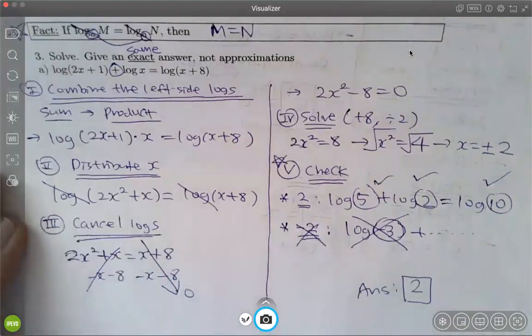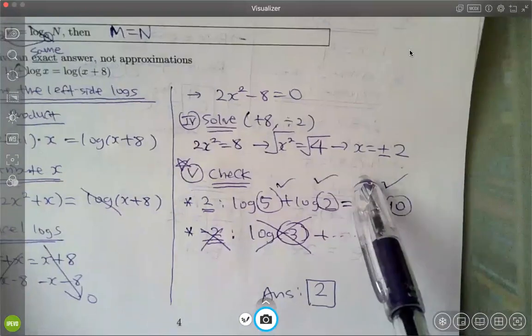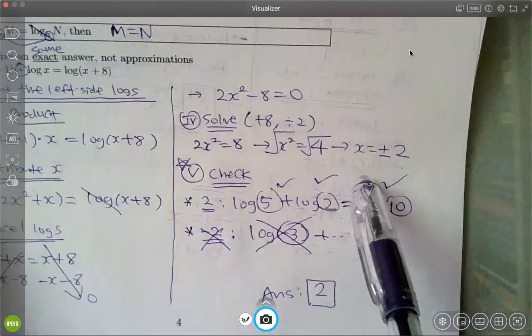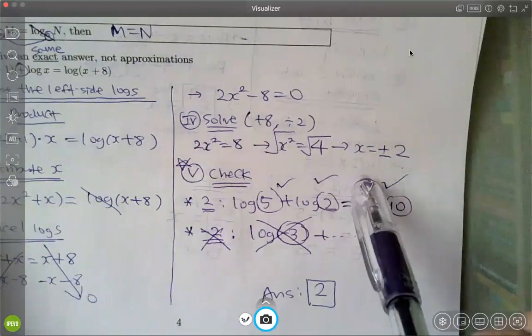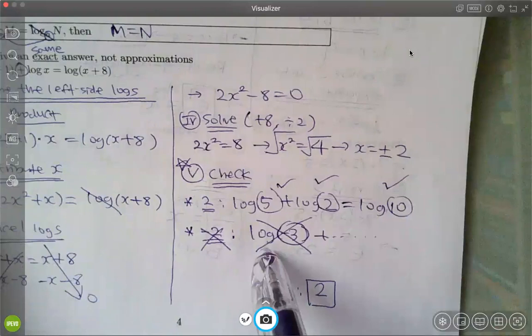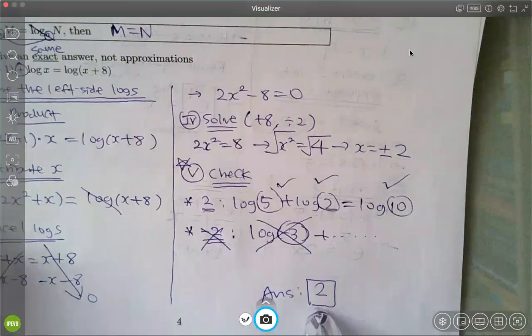Remember, once you get two values for x, you must check whether both work, or none of them works, or only one of them works. Here, we got that -2 doesn't work, so the answer is just 2. Please do not assume that a negative number is always out and a positive number is always in.